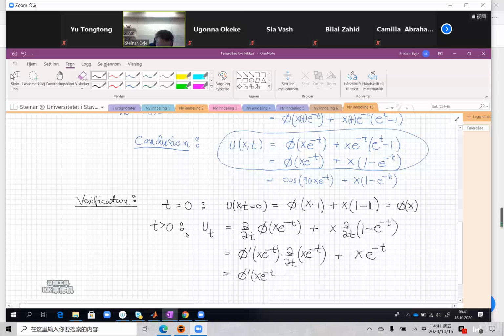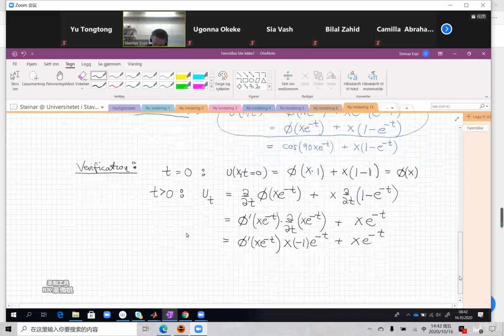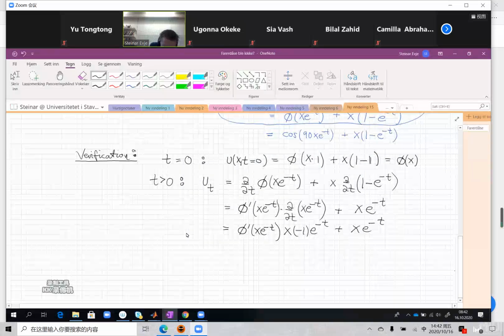Now I have to carry out the differentiation of this term, and that will give us minus e to the minus t. Okay, that was the time derivative. Then we compute ux.